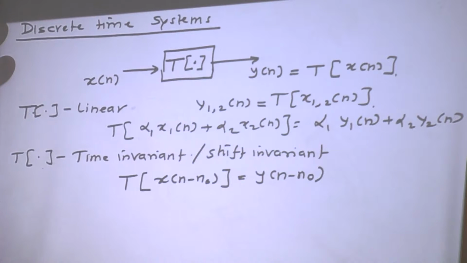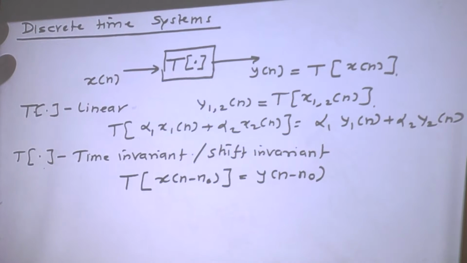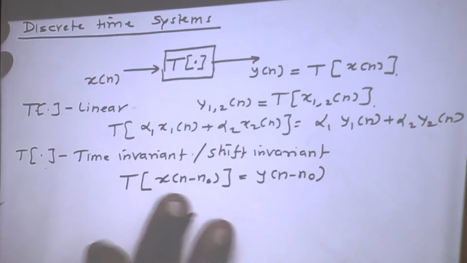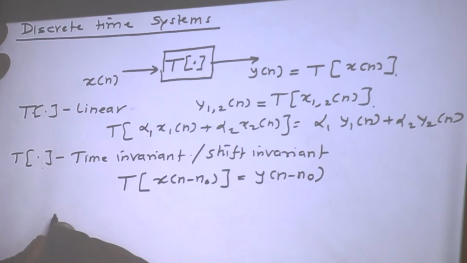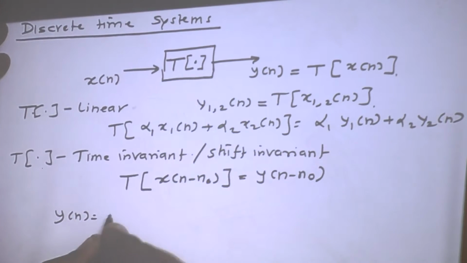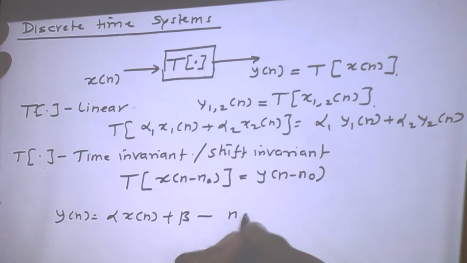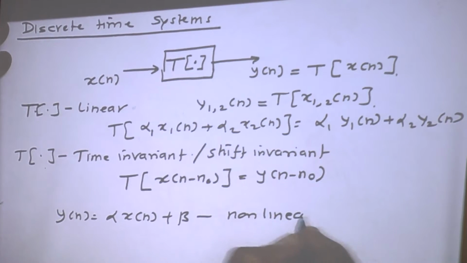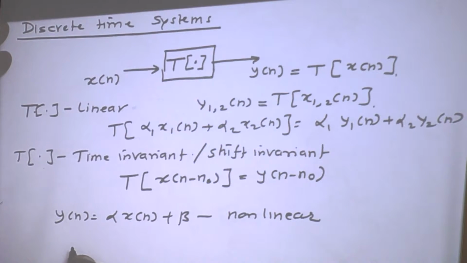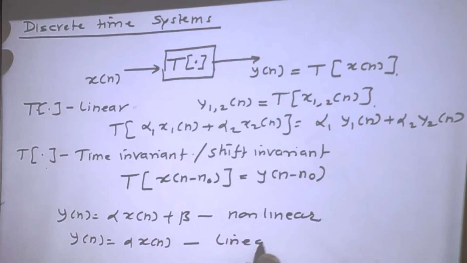The same examples will be valid. Whatever examples we took for continuous time systems are valid here as well. For example, y of n is equal to alpha times x of n plus beta is a non-linear system. Y of n is equal to alpha times x of n is going to be linear.